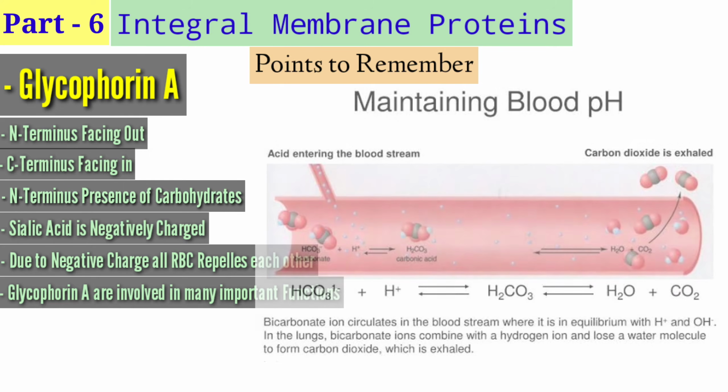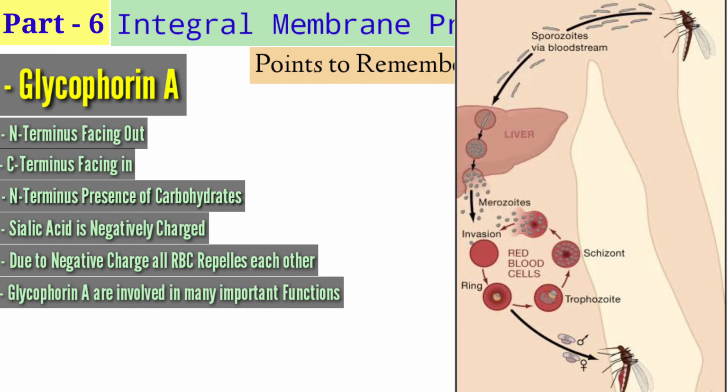One interesting fact about glycophorin A I would like to share here is that a mosquito bite causes malaria in human beings because the protozoa present in the mosquito travel in the bloodstream, enter the erythrocyte and reach up to the liver. So malaria is caused.